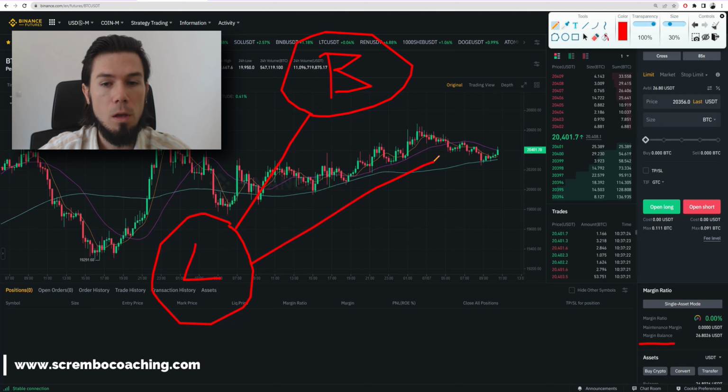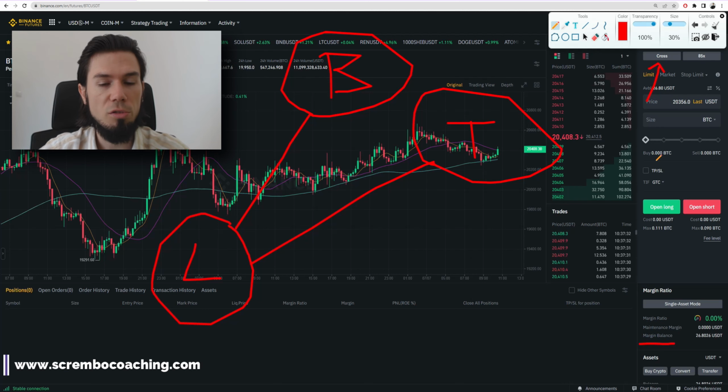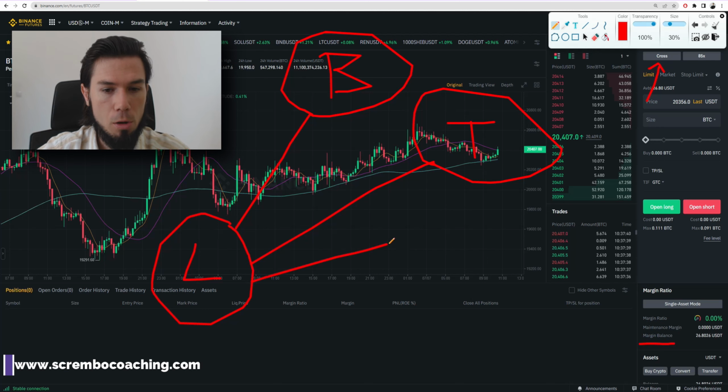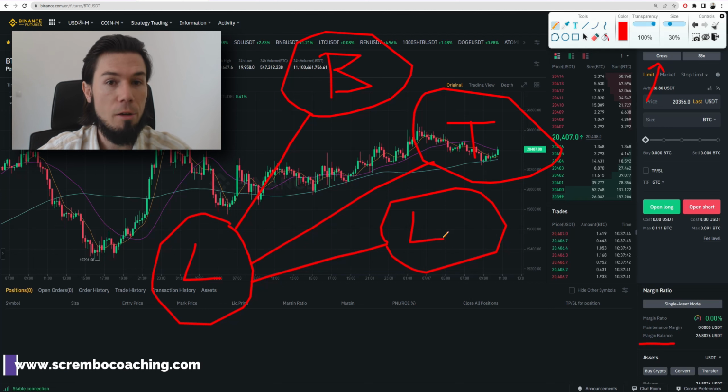Number two is the type of leverage, which we're going to say T. Is it cross or is it isolated? There are two differences, and I have a video explaining the difference between cross and isolated leverage. Then we have another circle here for the L that stands for the leverage amount.